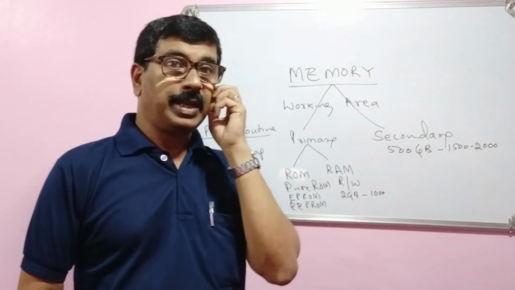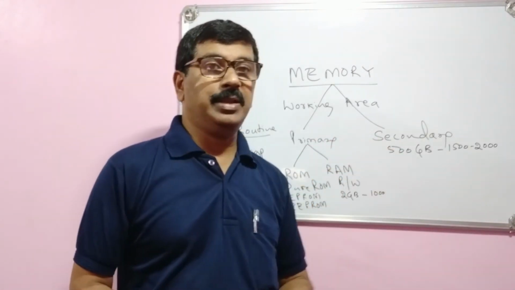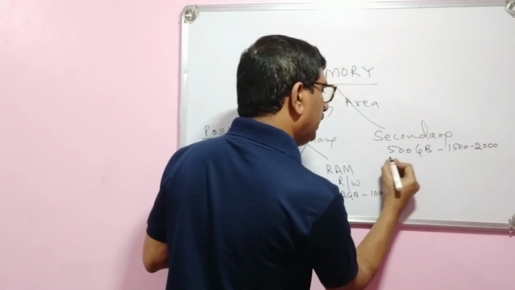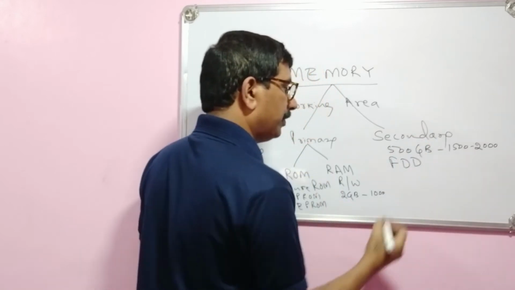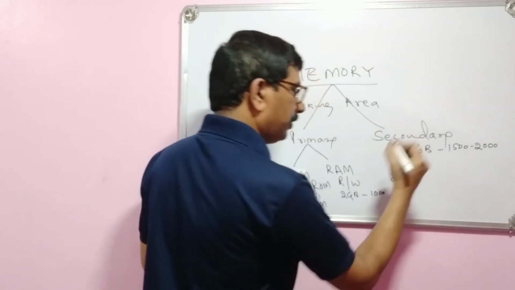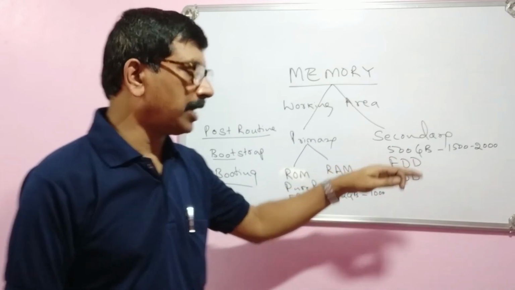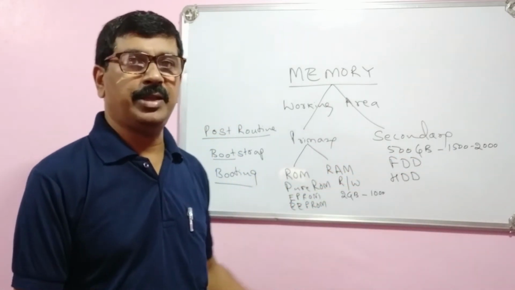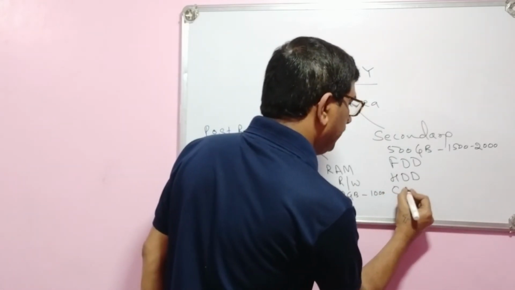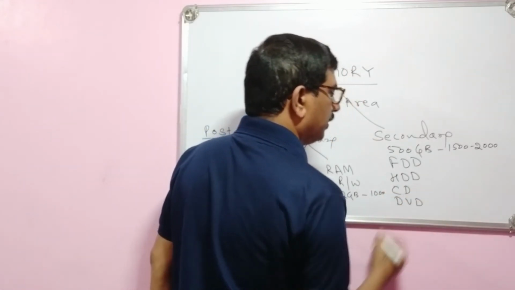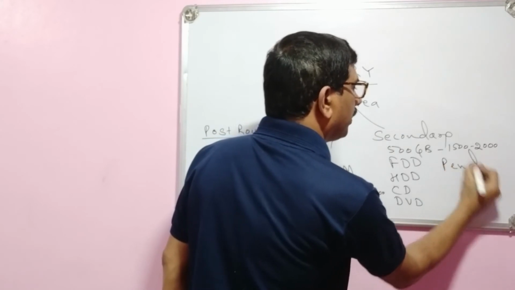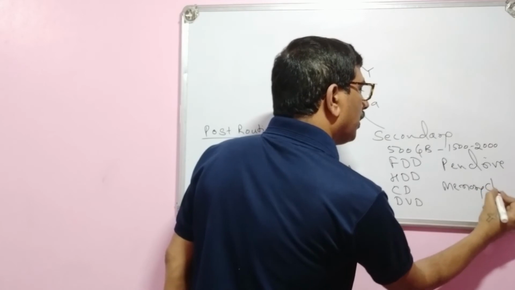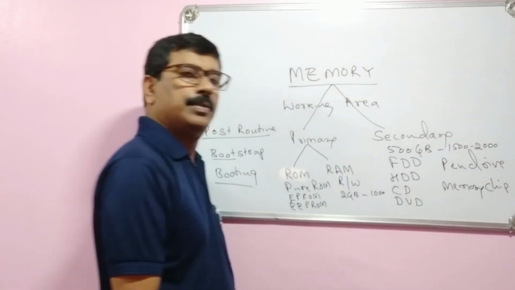Next one is secondary memory. Secondary memory commonly includes FDD, floppy disk drive, hard disk drive, HDD, then CD, then DVD, then pen drive, memory chip or memory card.